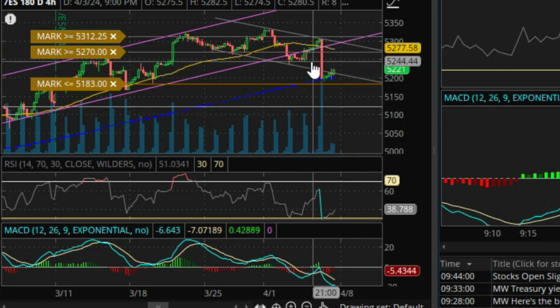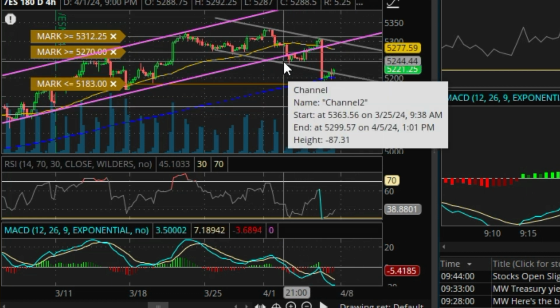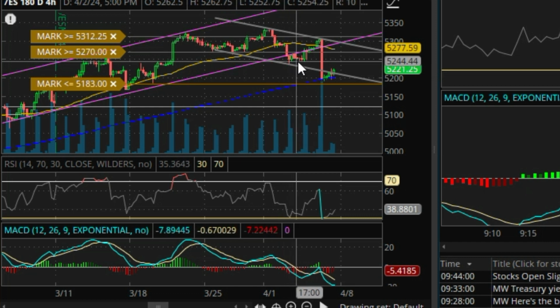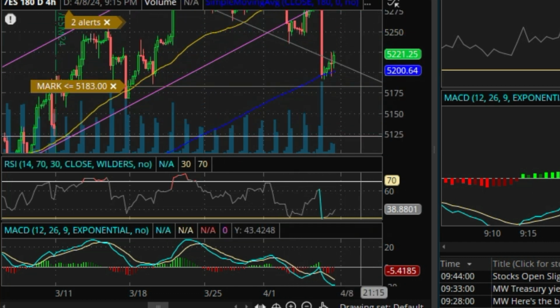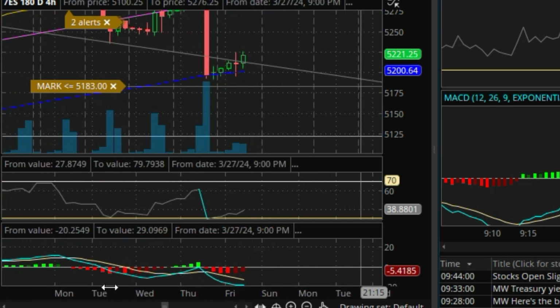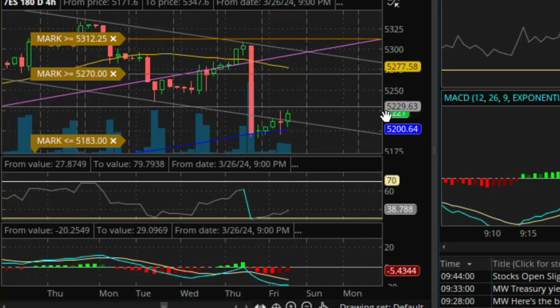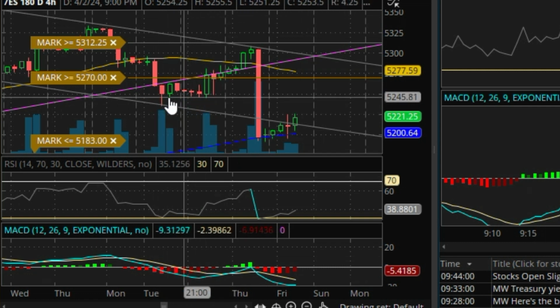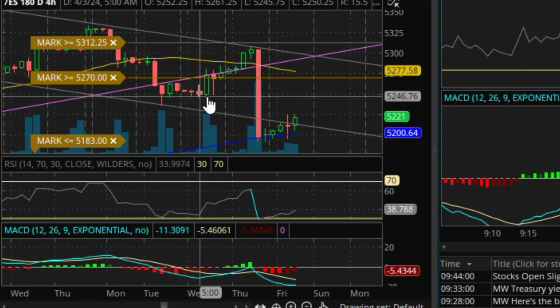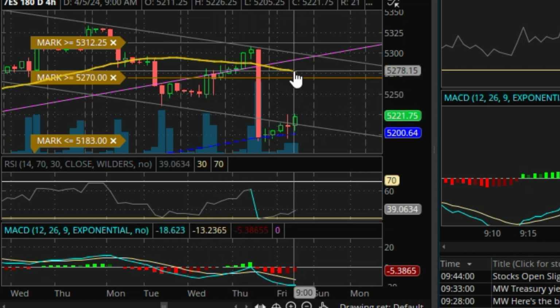Also, the other thing that we're looking at here is, and I wish I could zoom in a little bit so you could see this better, you can see that there's a floor right here. It's formed a support right through here, and that point is midway between the price action and that SMA.